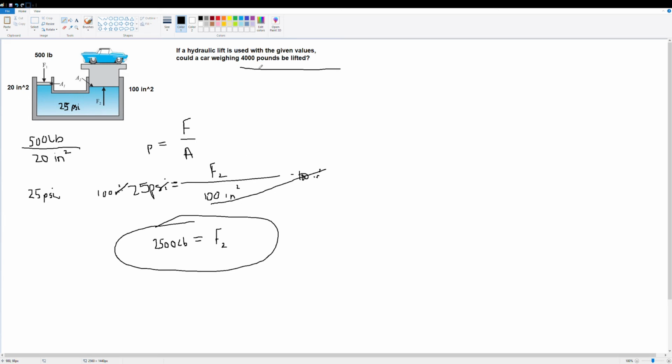The other thing you could do is modify your hydraulic lift to increase the area of the output piston. If I increase the area to 200 square inches rather than 100, so double it, then I would double my output force F2 as well, and that would be 5,000 pounds, enough to lift that 4,000 pound car.